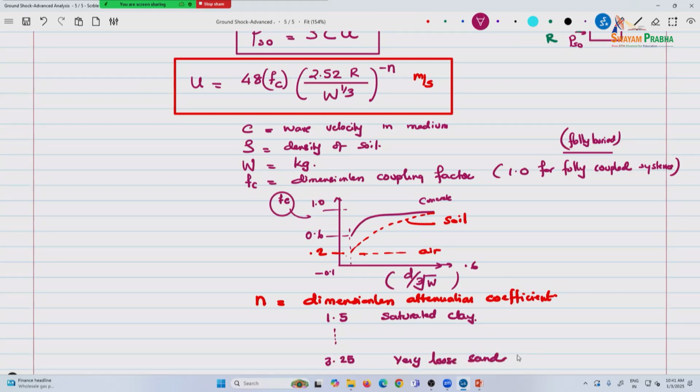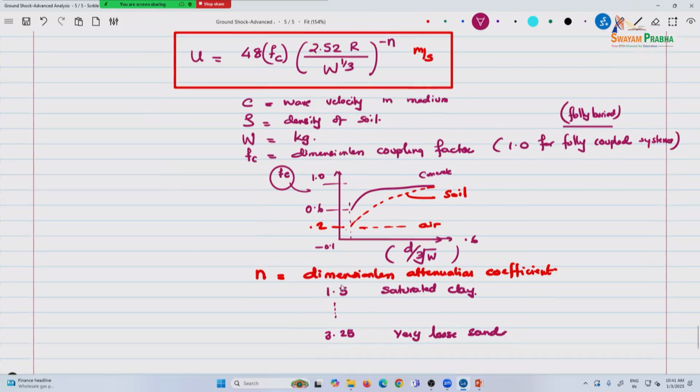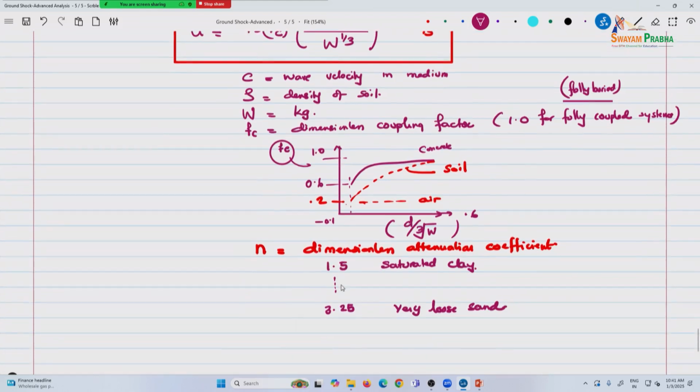If you are interested, I can get you a table that gives values for other types of soils. So F here is 1.0 for a deeply buried explosive.